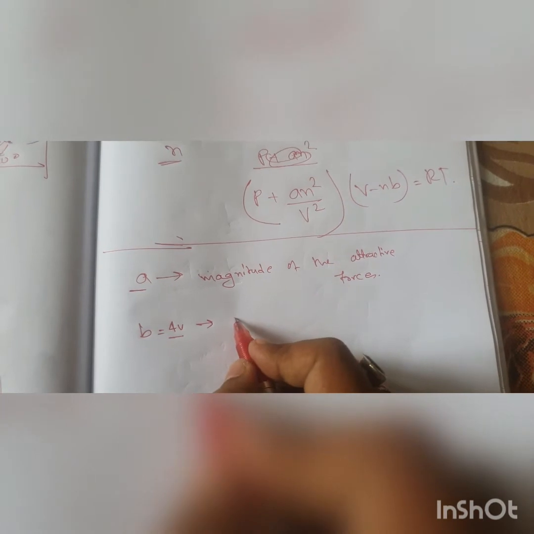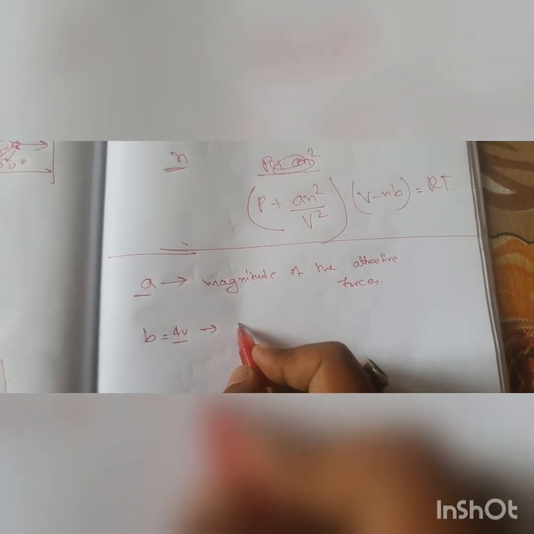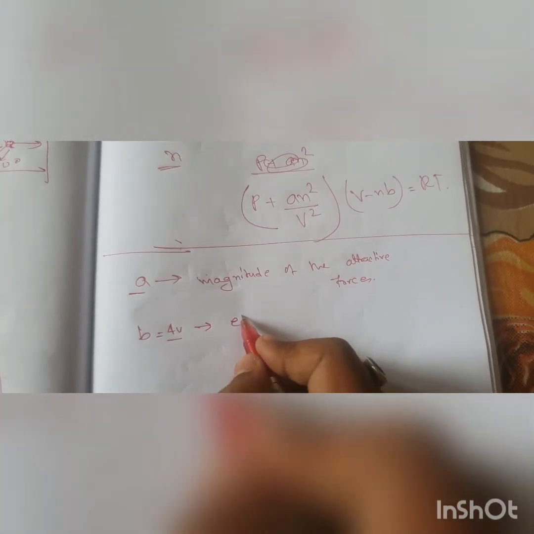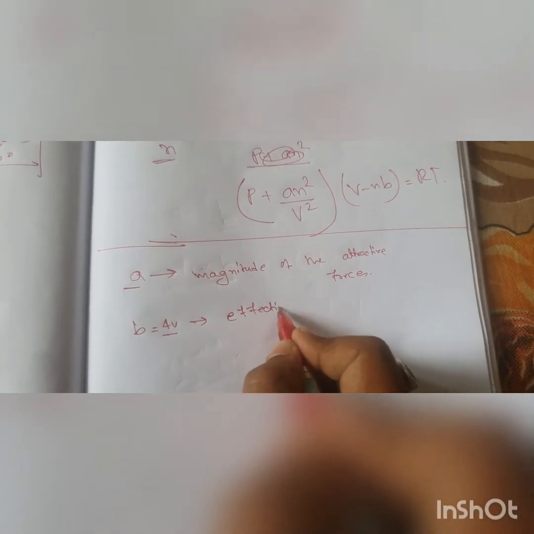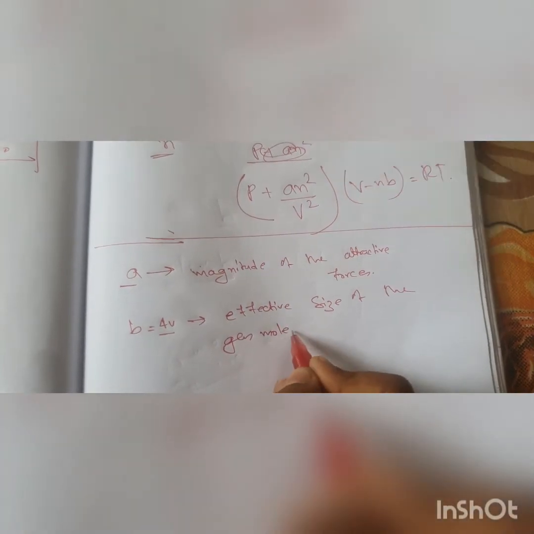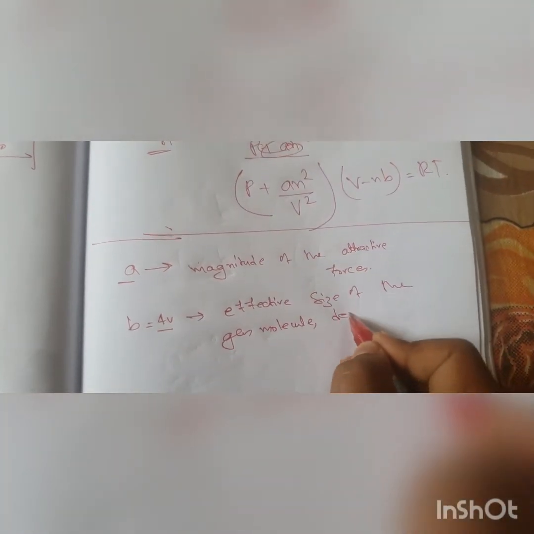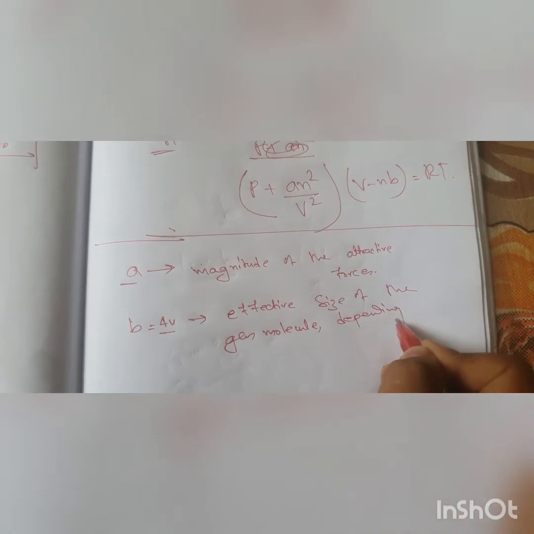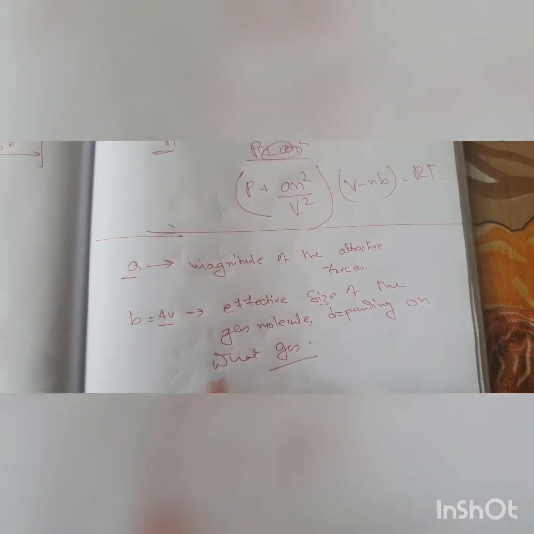So it is the excluded volume, or the effective size of the gas molecule, depending on the gas. You can call it excluded volume because this volume is excluded, that's why they call it that.